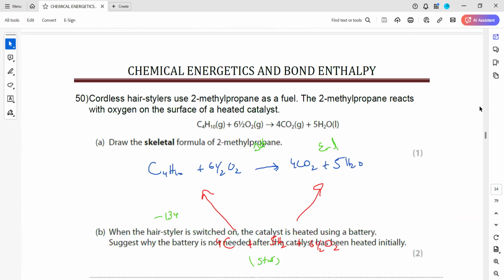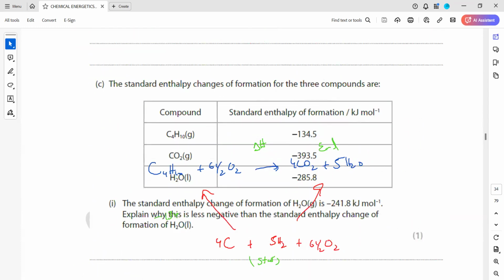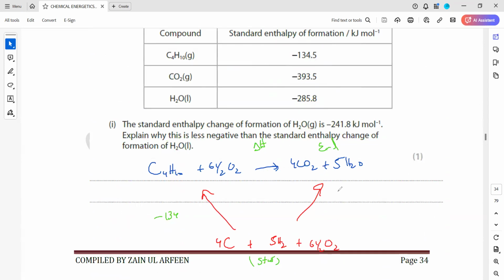And in which state is the water formed? It's liquid, so we have to take this. So carbon dioxide is minus 393.5, but how many moles of carbon dioxide? 4. Plus water, 5 moles are there. And the formation of water in a liquid state is minus 285 multiplied by 5.